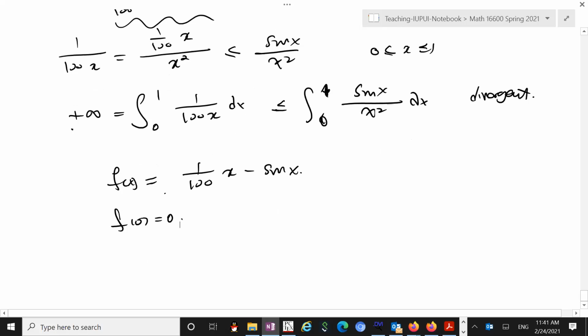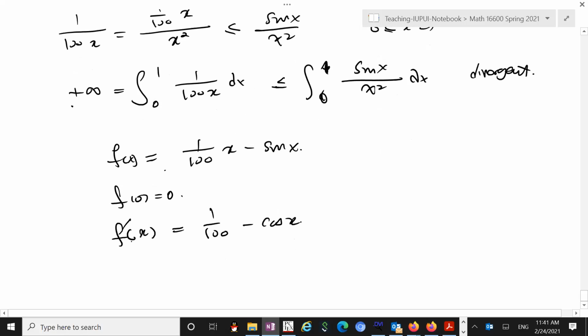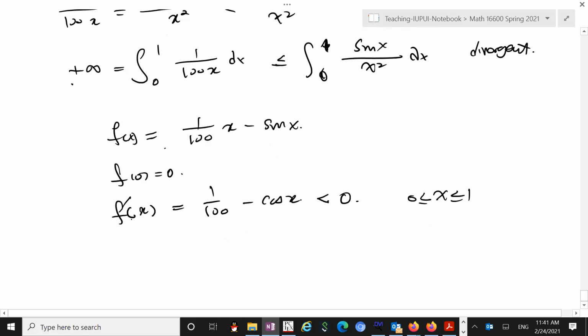Then f prime of x is going to be cosine x minus 1 over 100, and that is going to be positive for x between 0 and 1. Why? Because cosine 0 is 1.